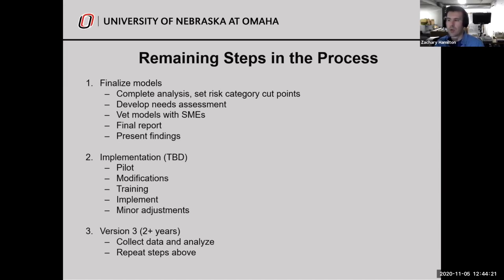We'll go through some good back and forth vetting those models with subject matter experts, making sure that they retain face validity and are appropriately applied to that specific sample of youth. We'll eventually produce a final report and present our findings. Hopefully by then I'll be able to do that in person, but still willing to do it virtually from my basement if that's required as well.